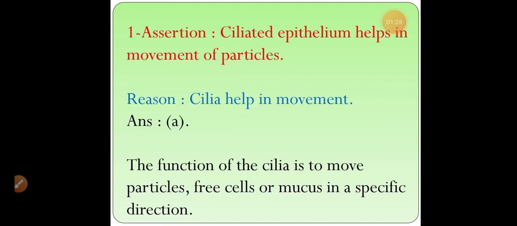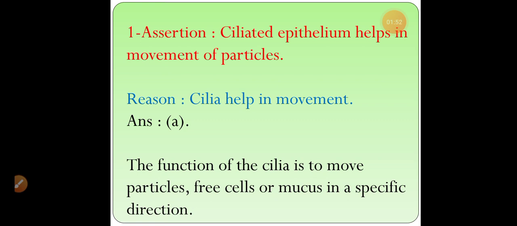Now, we will solve some questions from chapter tissue. First question is, ciliated epithelium helps in movement of particles. It is assertion. Reason is given, cilia help in movement. When we read assertion, it is true.